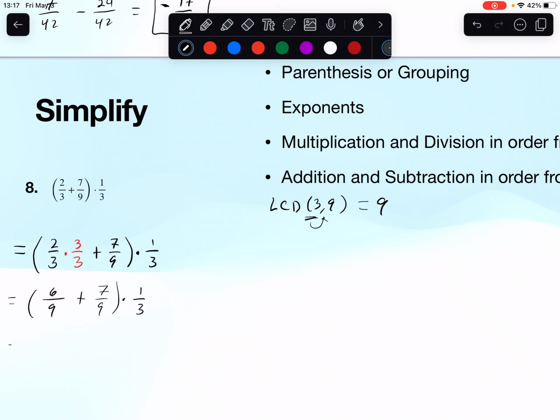Now that we have a common denominator, we can add the numerators. So 6 plus 7 is 13/9, and then times 1/3. And then we just multiply straight across. So 13 times 1 is 13, 9 times 3 is 27. All right, let's go ahead and look at two more.